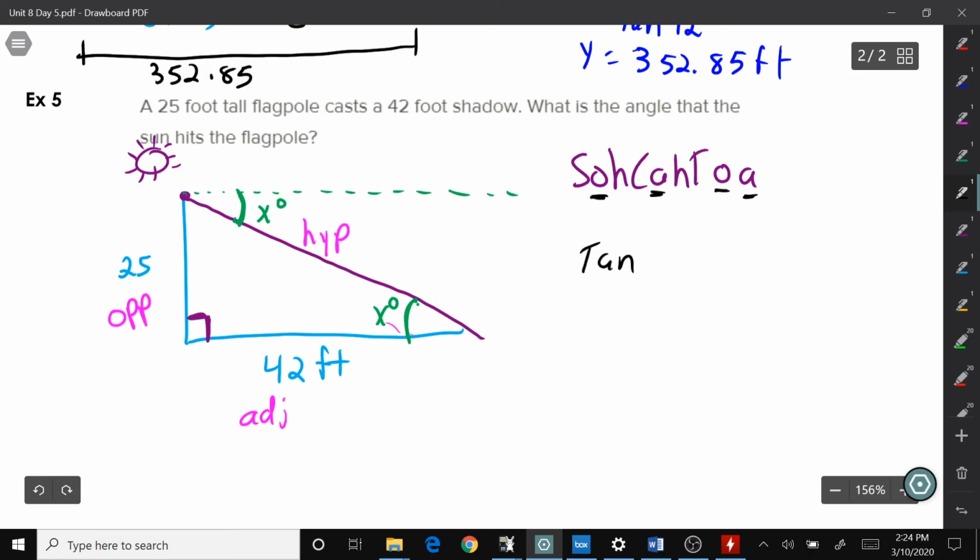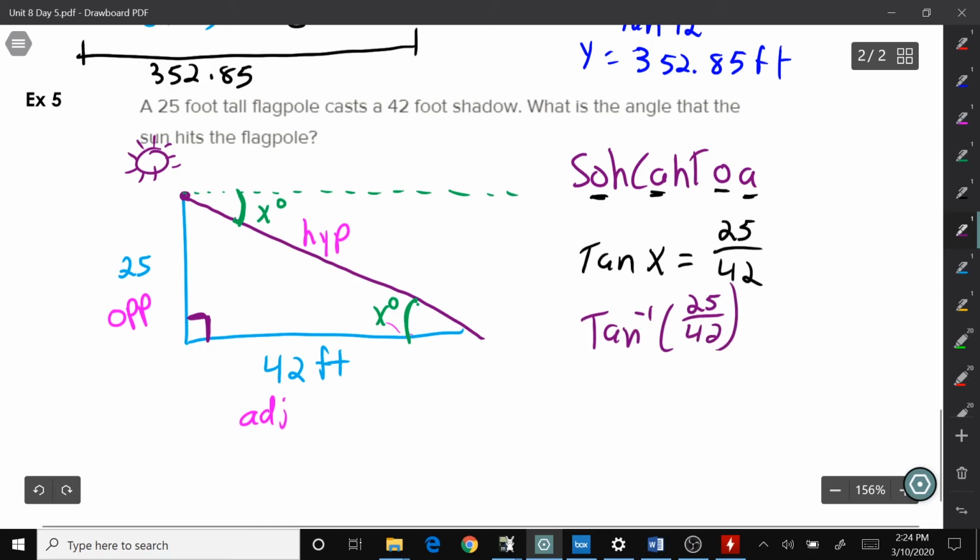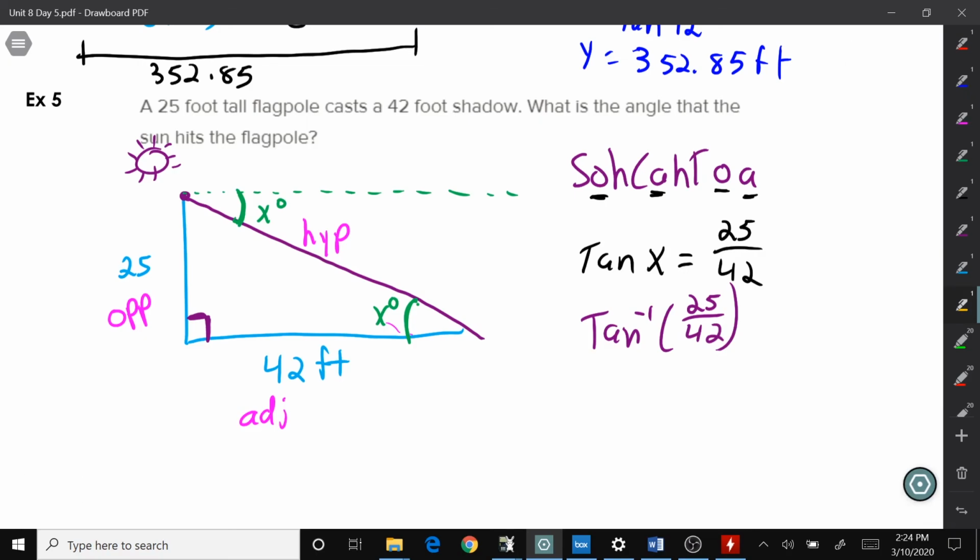So the tangent of x is equal to the opposite side, 25, over 42. So then x equals the inverse tangent of 25 over 42. And we type that into our calculator. And I get 30.76 degrees.